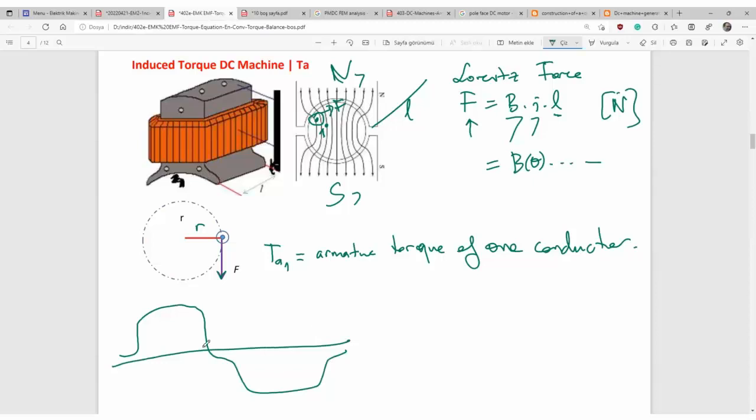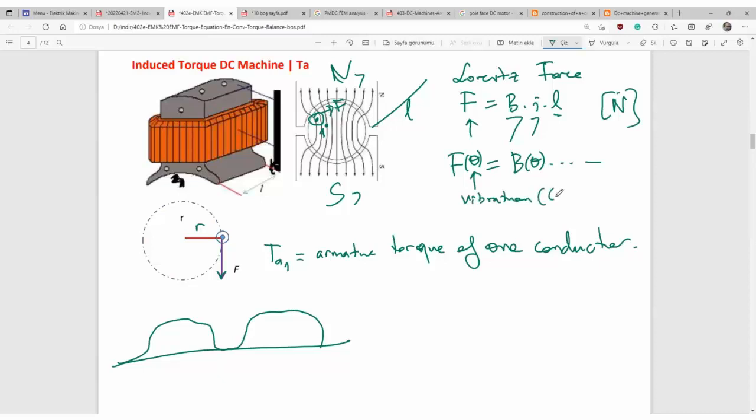So it is rectified. This part will be rectified somewhere here. But the force will be as a function of theta. It causes some vibration and some noise, and we don't want noise and vibration in the motor. It's a kind of distortion or disturbance.